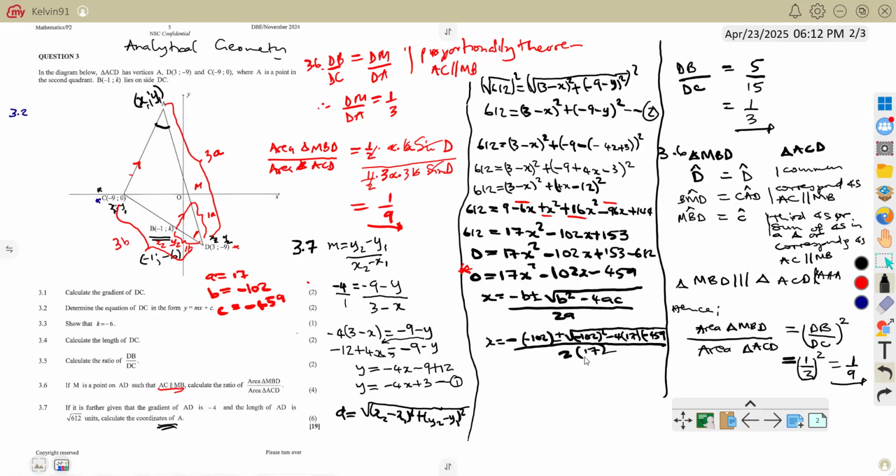Then you punch on your calculator, trust your calculator from there so that you get your answer.